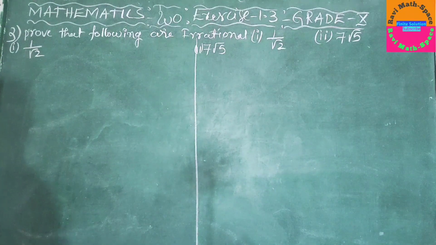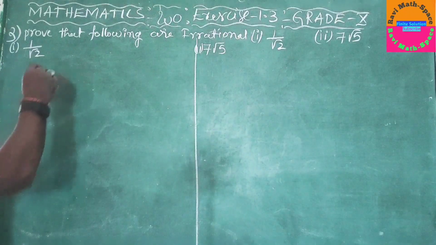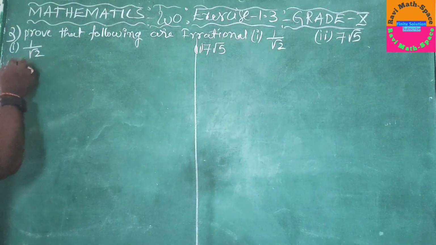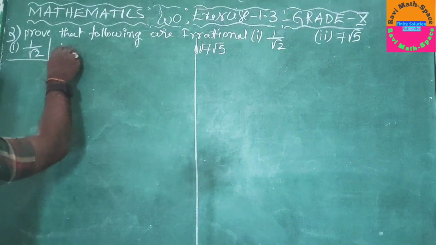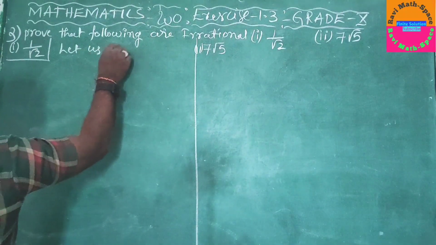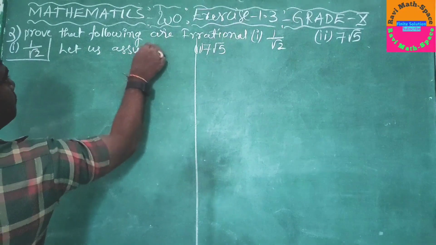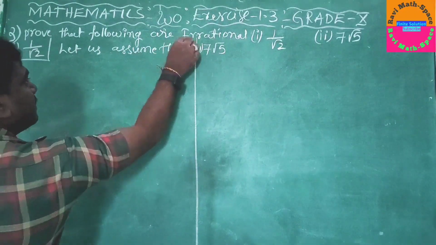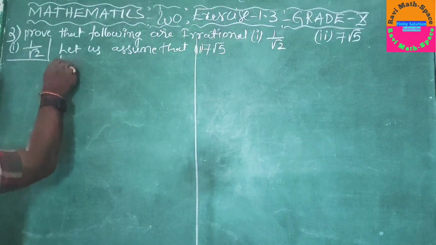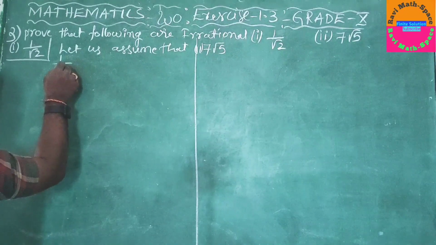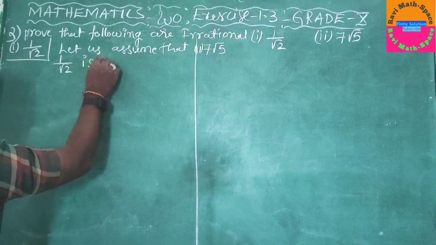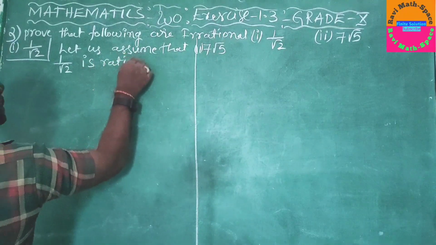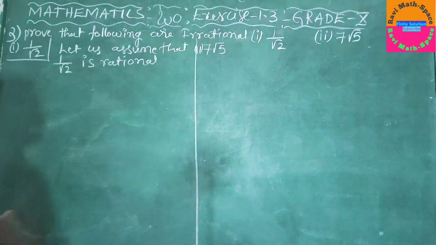So first, what are we going to assume here? Let us assume that 1 by root 2 is rational. Yes or no?